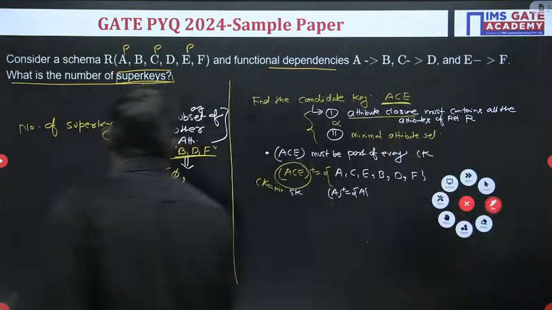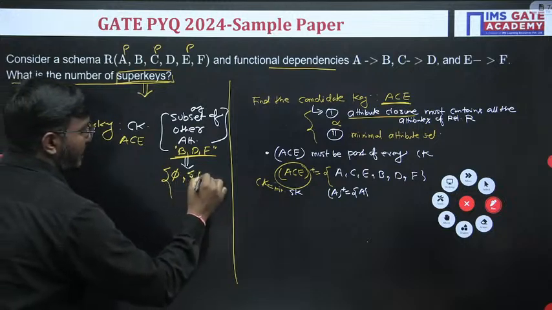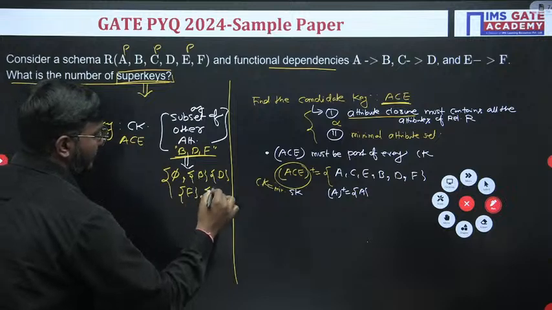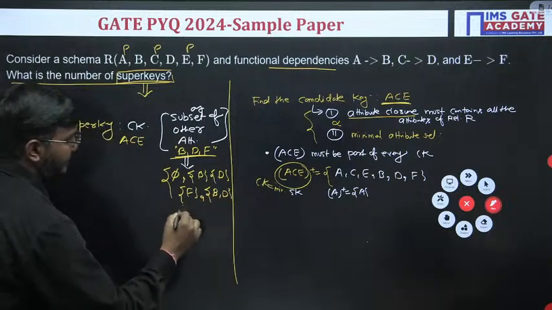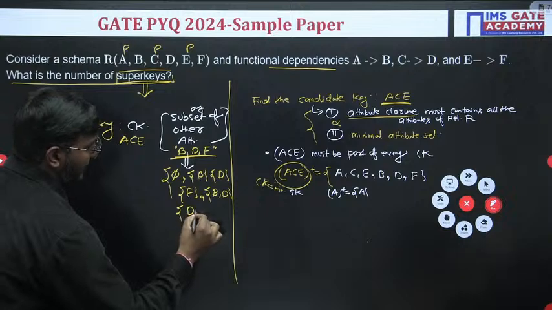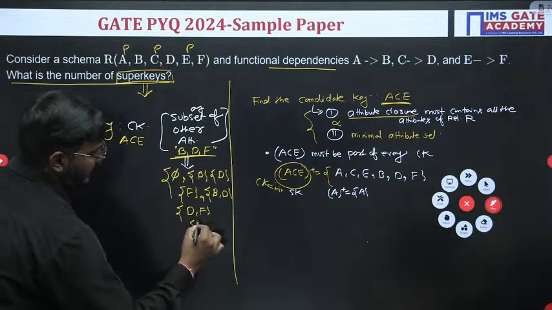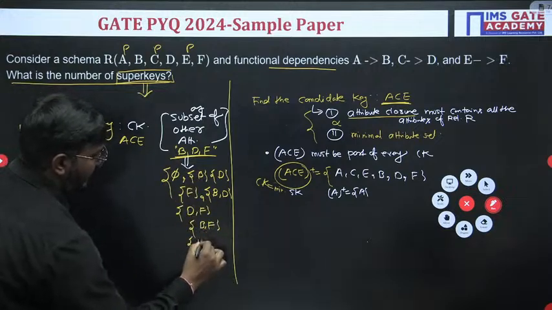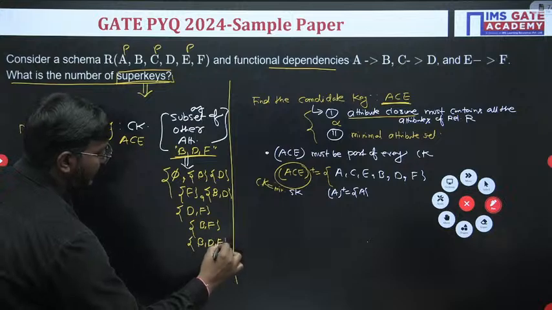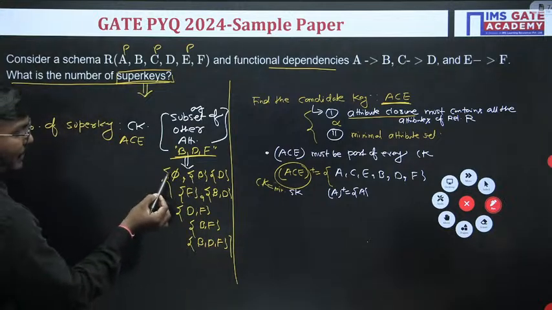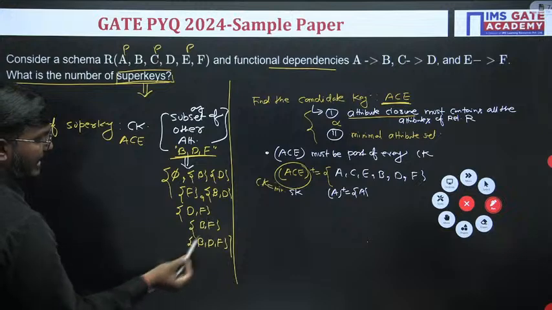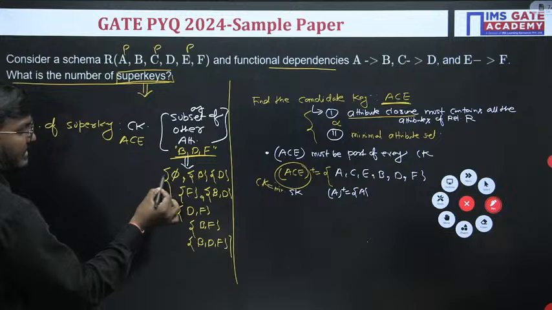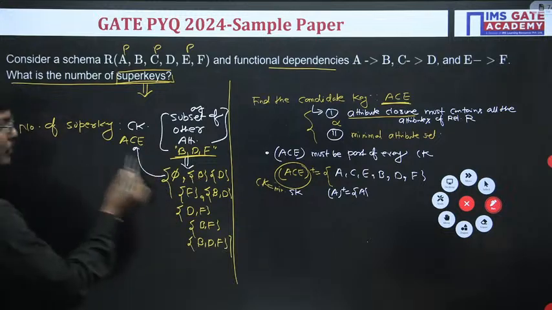Let's expand it here: the empty set, B, D, F, BD, DF, BF, and the last one is BDF. Understood? These are the 8 subsets. Now see all these subsets: if I combine each subset along with this candidate key, it will form a super key.